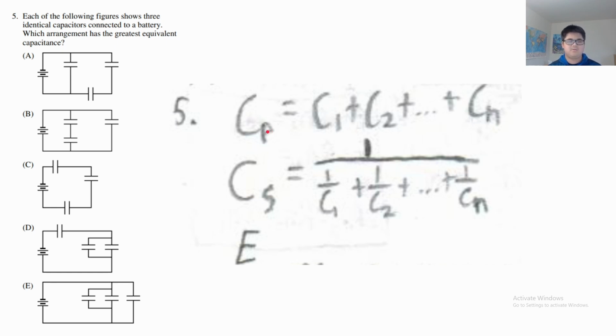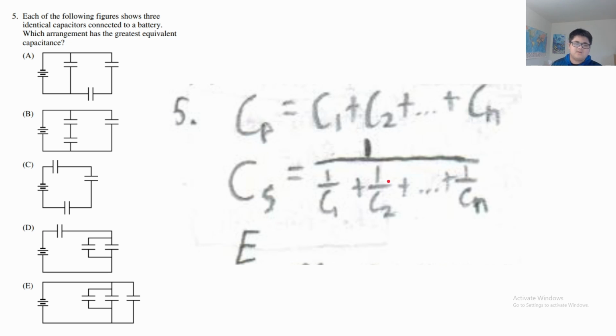The P stands for parallel, so the equivalent capacitance for capacitors in parallel is equal to the capacitance of each capacitor added together. Now C sub S, the S stands for series. For capacitors in series, their equivalent capacitance is 1 over the first capacitance plus 1 over the second. Like you get a point, right?